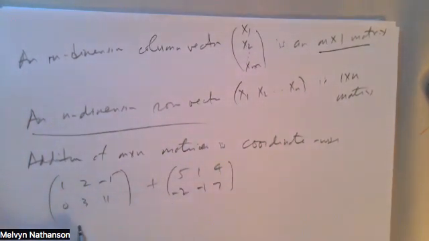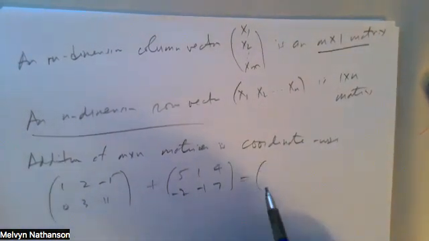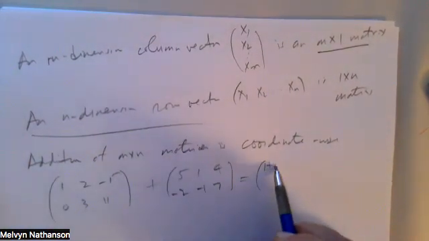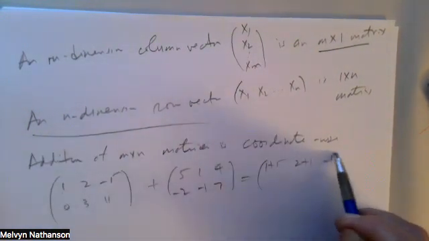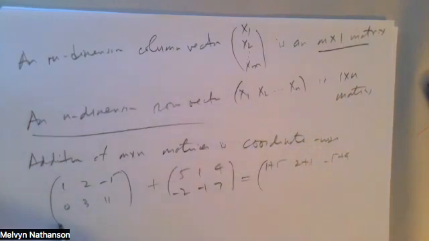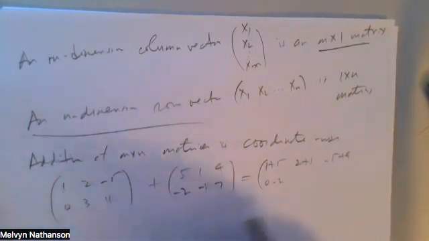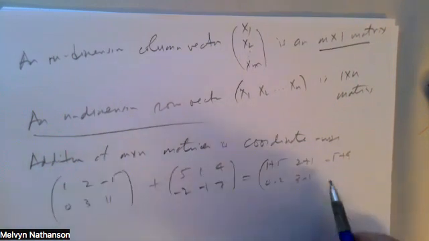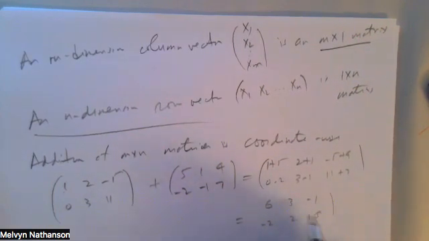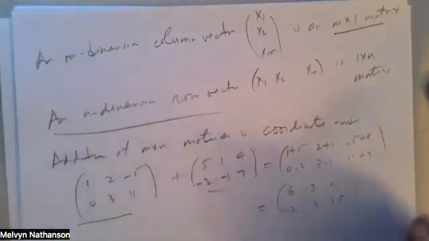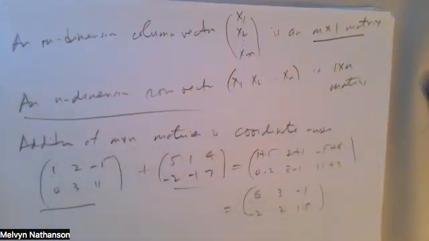When I want to add them, I just add coordinate-wise. 1 plus 5, 2 plus 1, minus 5 plus 4, 0 minus 2, 3 minus 1, 11 plus 7. So this is 6, 3, minus 1, minus 2, 2, 18. So I have the sum of two matrices, and it's defined just by adding their coordinates.